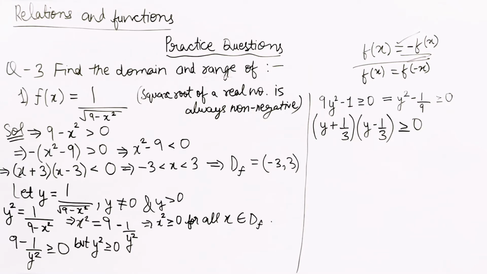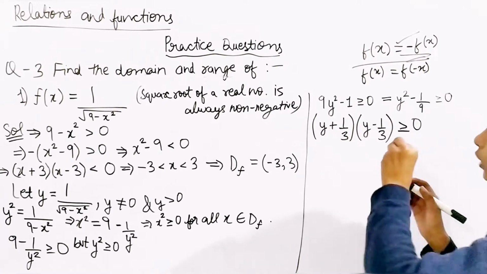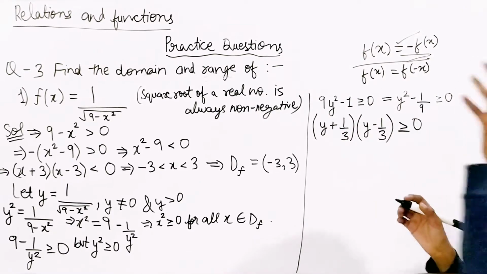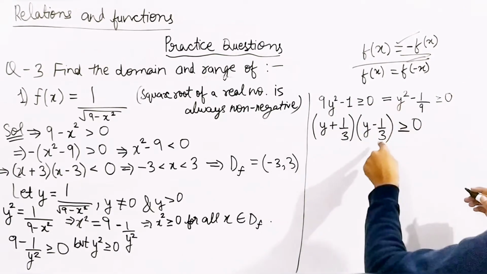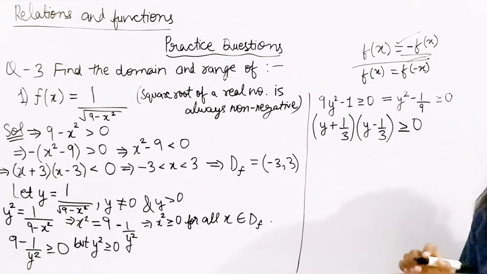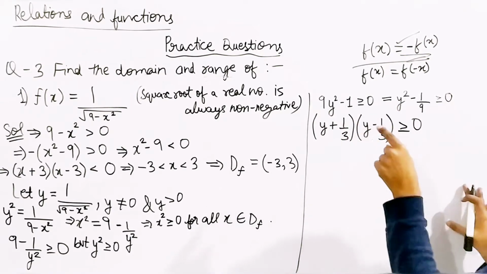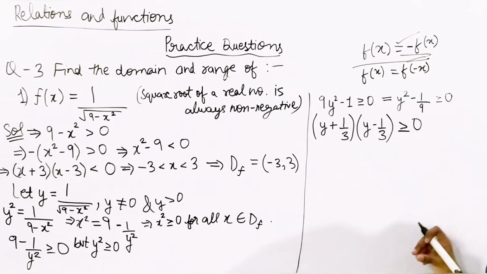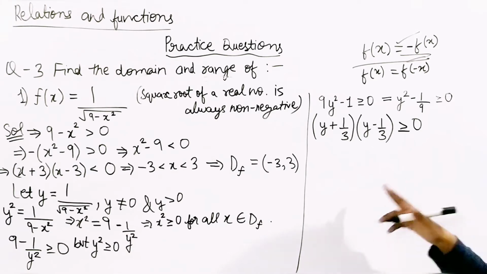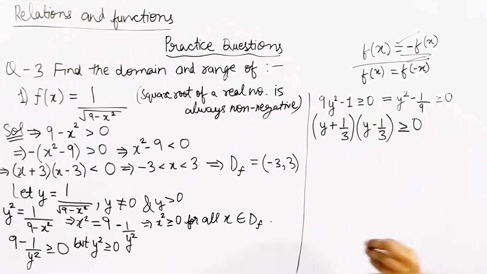So what I'll say is y is going to be less than or equal to negative 1 upon 3, or I'll say that y is going to be greater or equal to 1 upon 3.